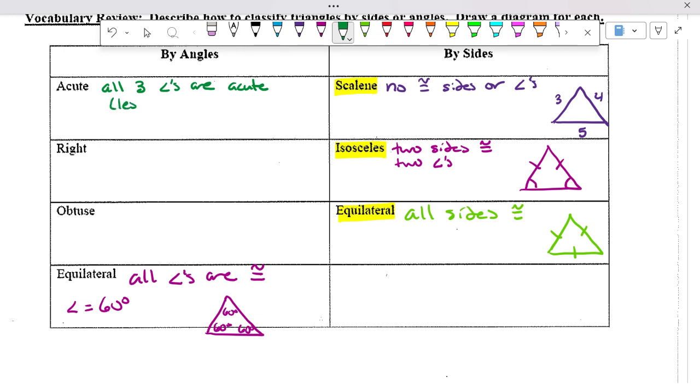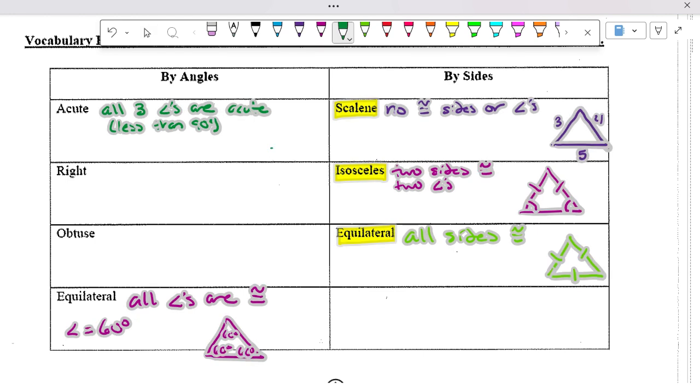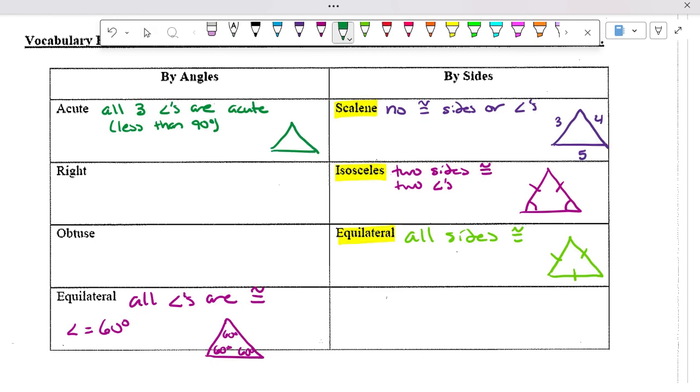In other words, they're less than 90 degrees. So that's the most typical type of triangle. That can just be any stereotypical triangle. Let's say that this was 60, this was 50, which means that would be, yeah, 70.